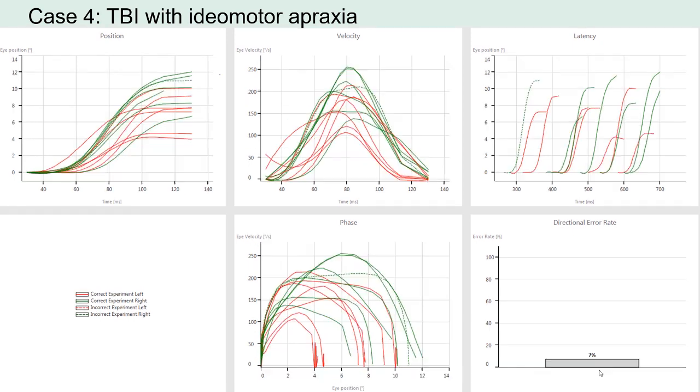Then we looked at her anti-saccades, and she had extremely high latencies, and she barely generated any data. So the higher the executive function task, the more we were able to represent that objectively as being dysfunctional as a consequence of this. All right, so that's basically where we're at with the saccadometry right now.